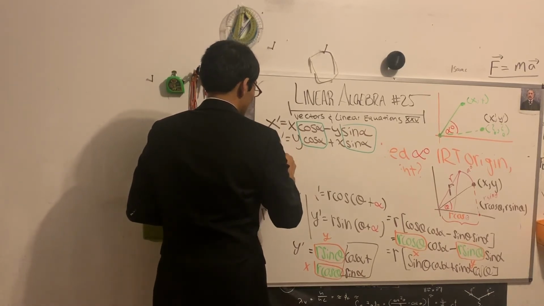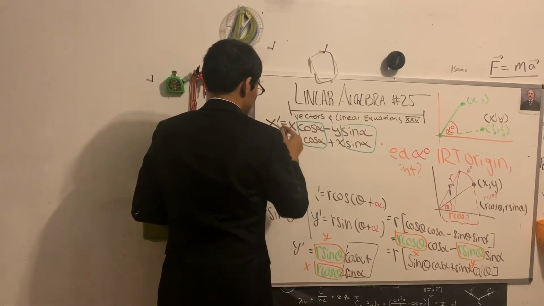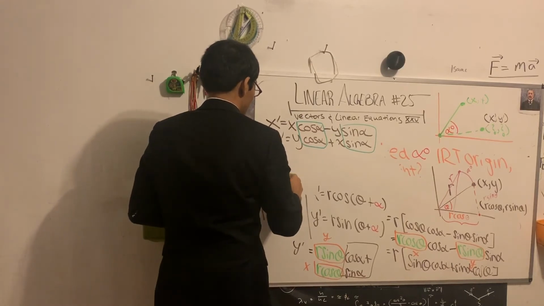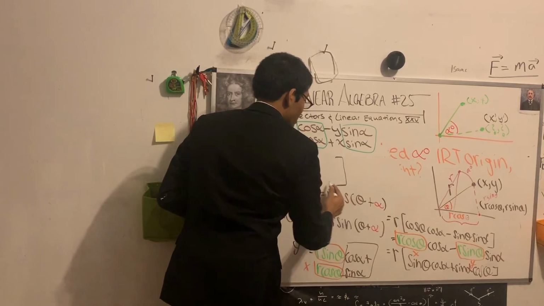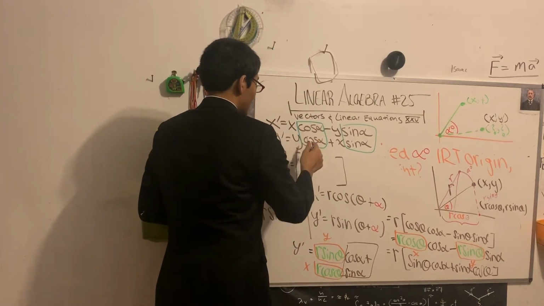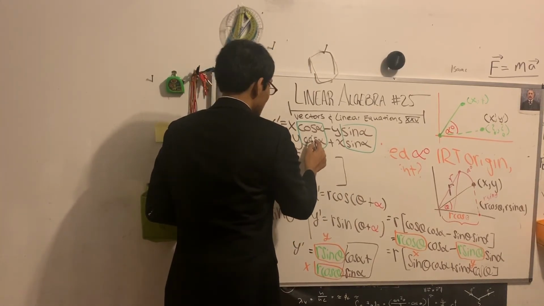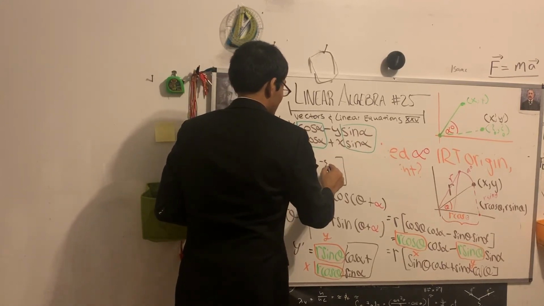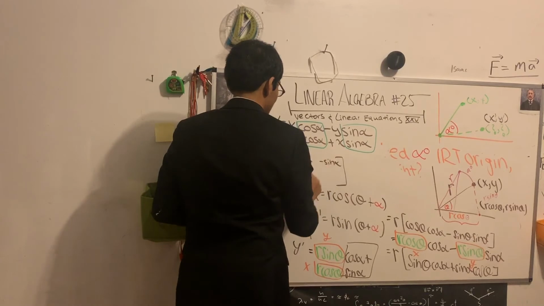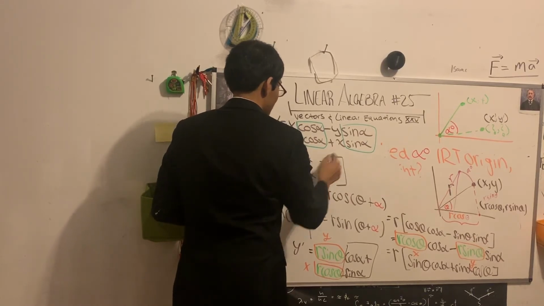So we can write this as a column vector, x, y. Just put them in, no big deal, right? And then remember the coefficient matrix, where we only put the coefficients. So cosine alpha, minus sine alpha, sine alpha, cosine alpha, times x, y. So there's no hassle at all.